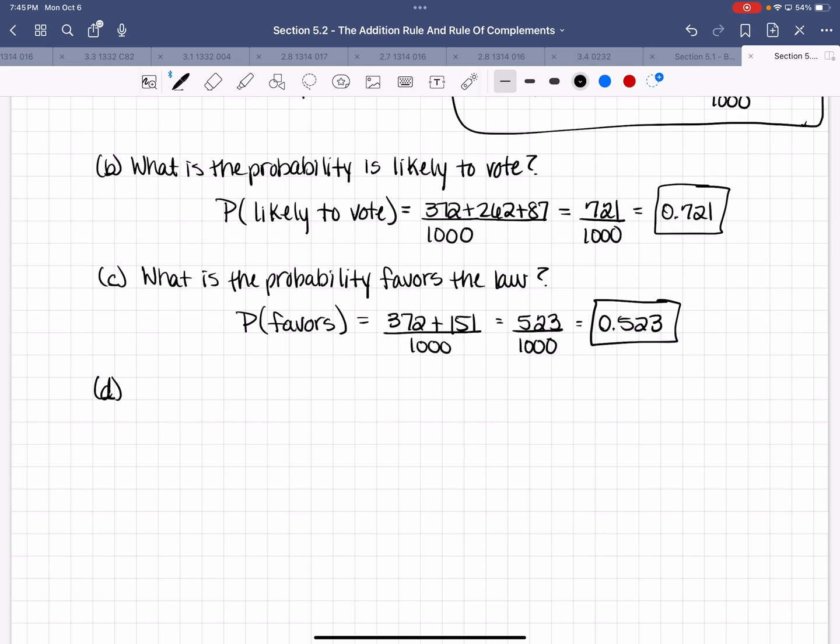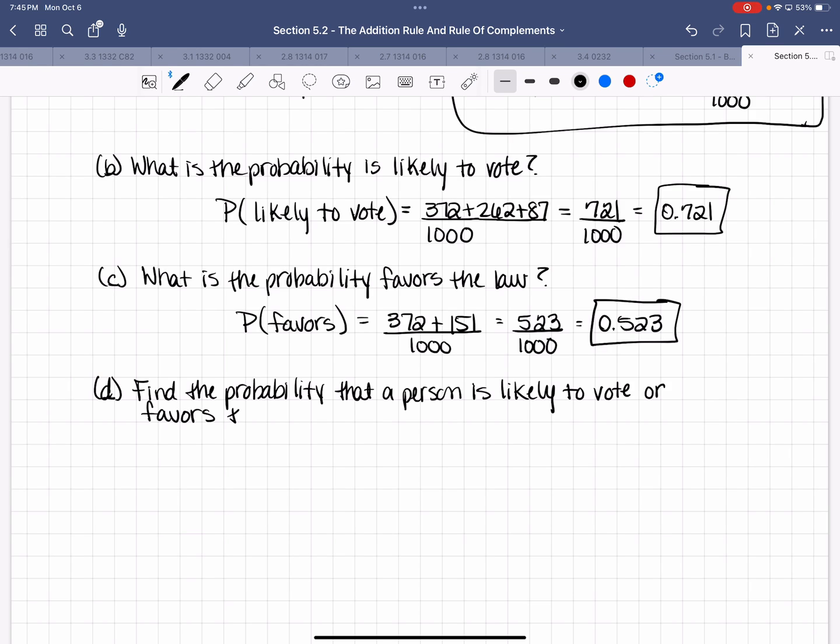D says, find the probability that a person is likely to vote or favors the law. Okay?